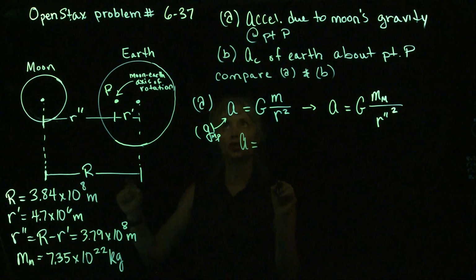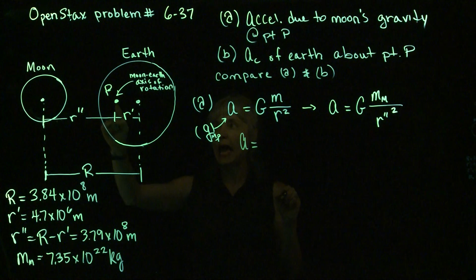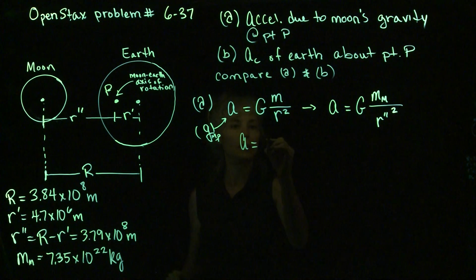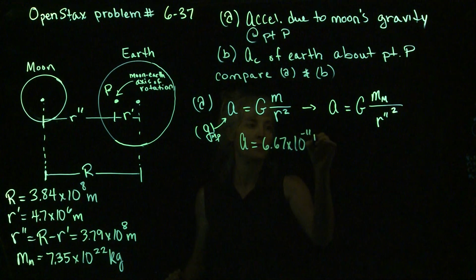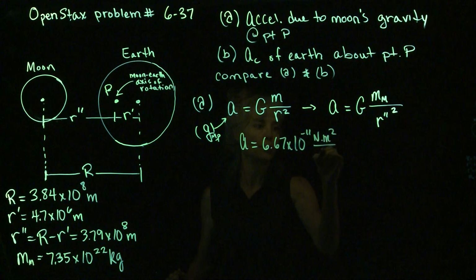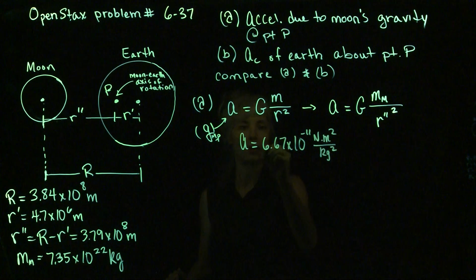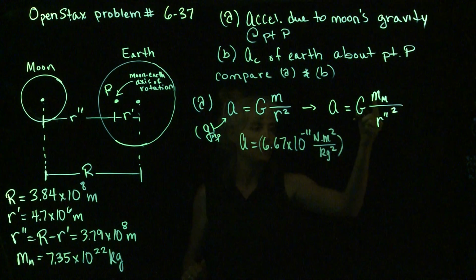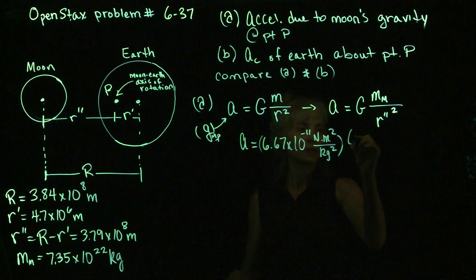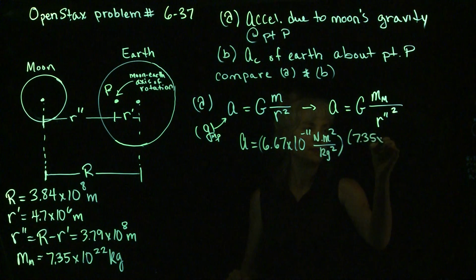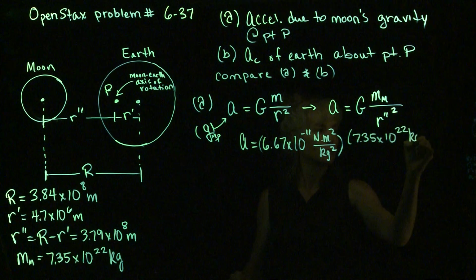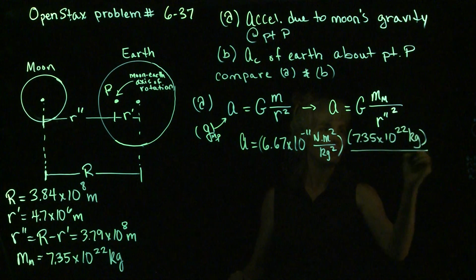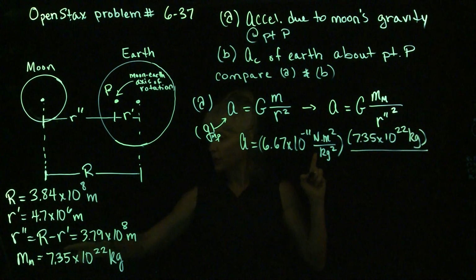So the acceleration due to the moon's gravity at point P is going to be equal to 6.67 times 10 to the minus 11 Newton meters squared per kilogram squared. That's our big G. Mass of the moon, 7.35 times 10 to the 22nd kilograms. And then we're going to divide by r double prime squared.